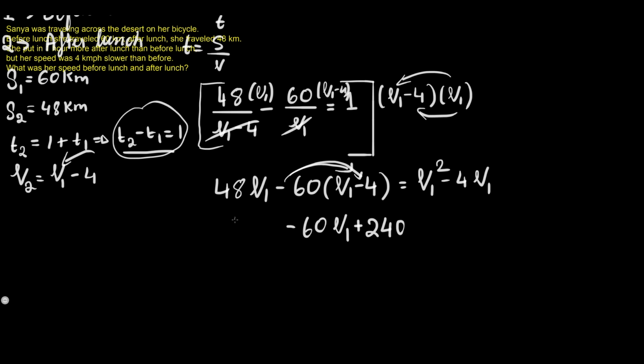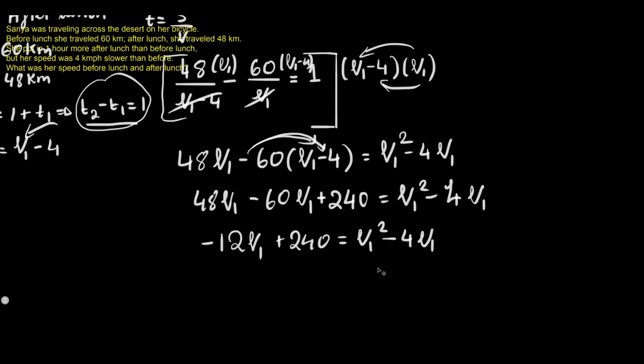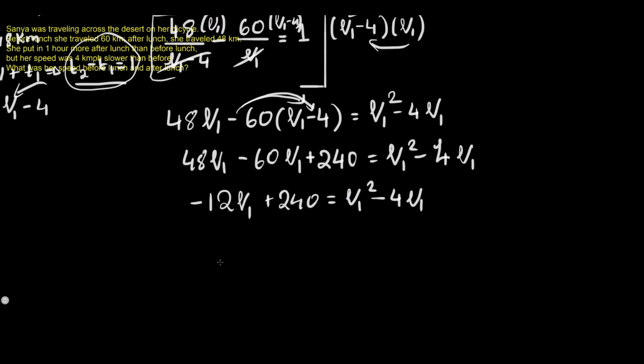We get 48 V1 is equal to V1 squared minus 4V1. What is 60 V1 minus 48 V1? If you work it out, you get minus 12 V1 plus 240 is equal to V1 squared minus 4V1.